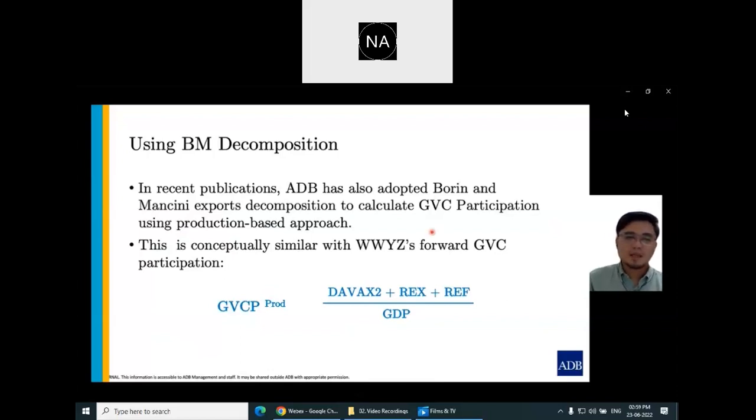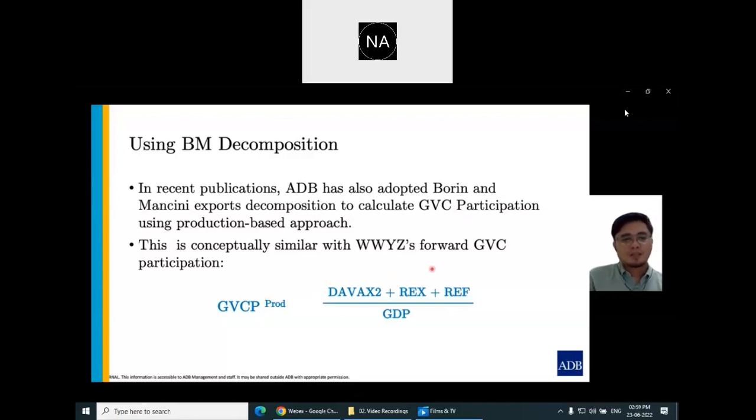In recent publications, the Asian Development Bank has also adopted the Borin and Mancini exports decomposition to calculate GBC participation using the production-based approach. And this would be conceptually similar to the Wang Wei Yushu forward GBC participation rate as shown in this equation.